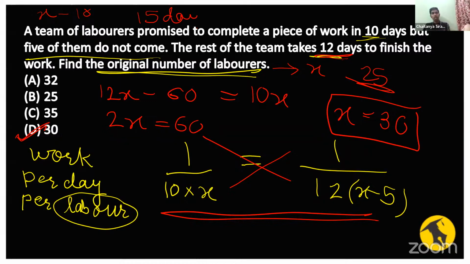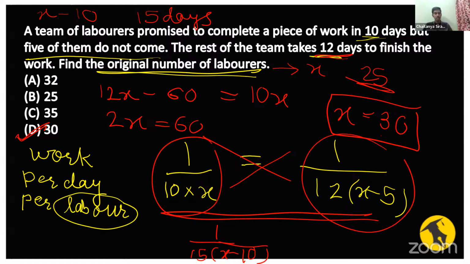This is just a hypothetical situation. We may not get the answer for this question. So what would be the efficiency? The efficiency would be 1 upon 15 into x minus 10, and this would be the same as these two. I hope my logic is clear here.